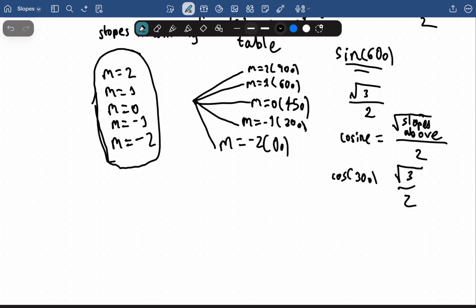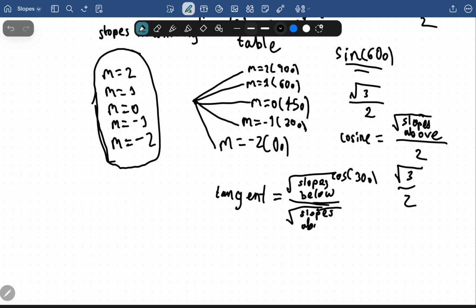Okay, and then time for tangent. Tangent equals the square root of slopes below over slopes above.